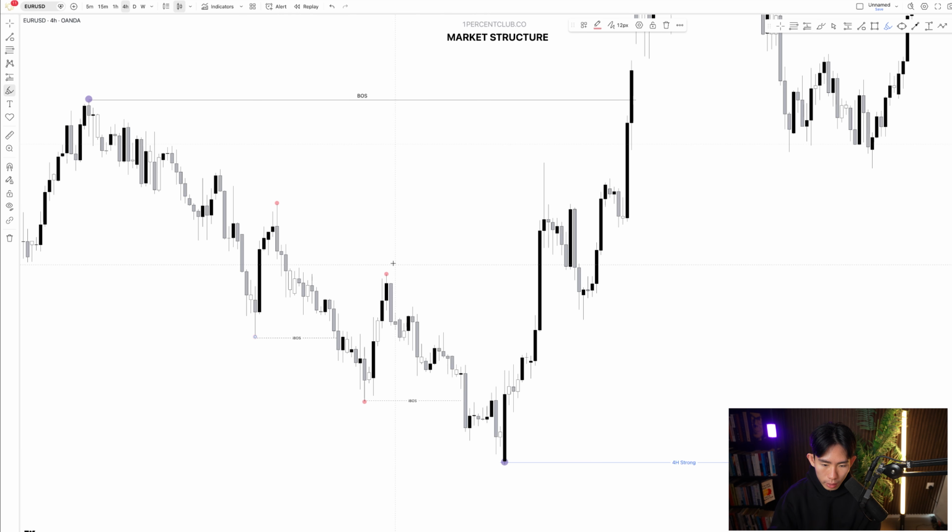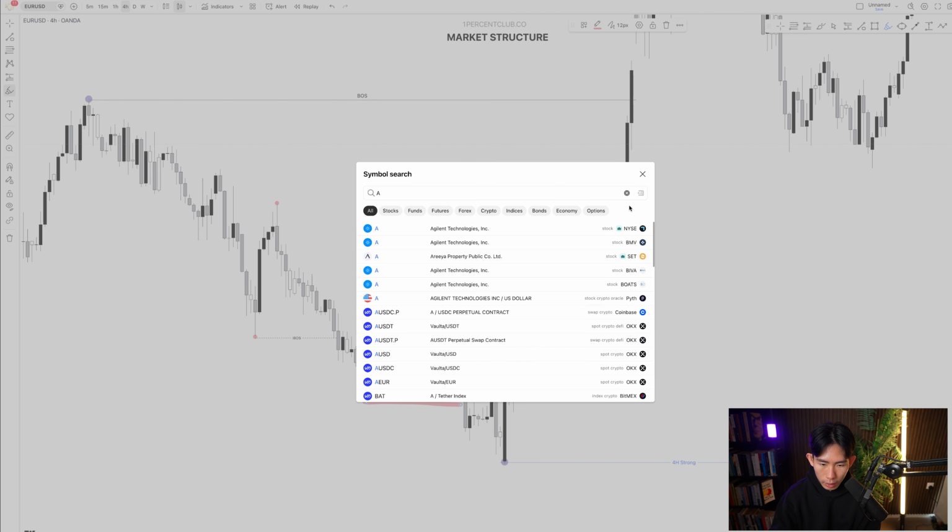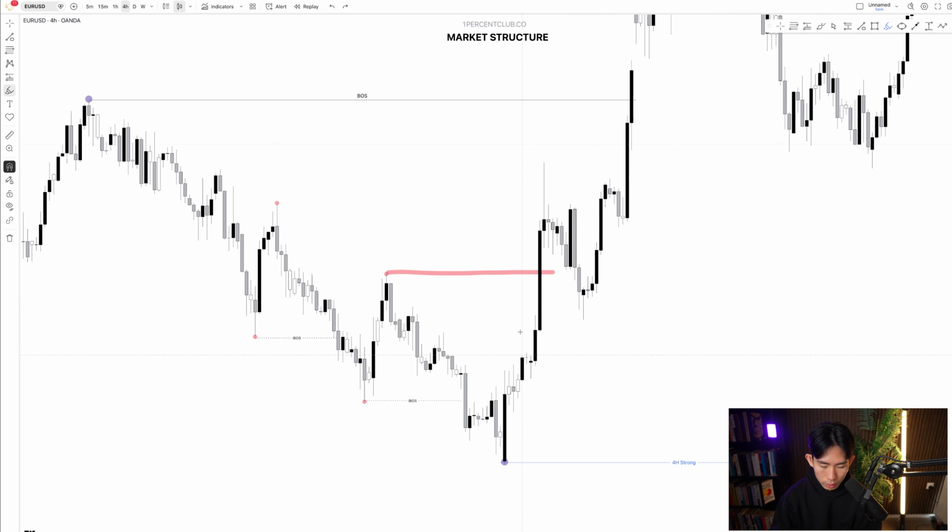And this tells us that this is the most recent internal high. This is the most recent internal low until price starts pulling back. Once price starts pulling back, then I can pretty much define this right here as my new internal low, and my internal high remains there until that high gets taken out, until we get a break of structure.